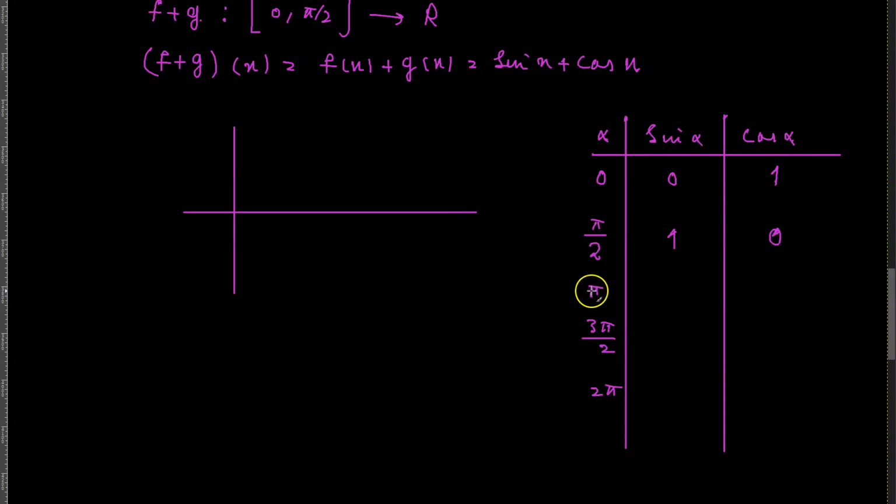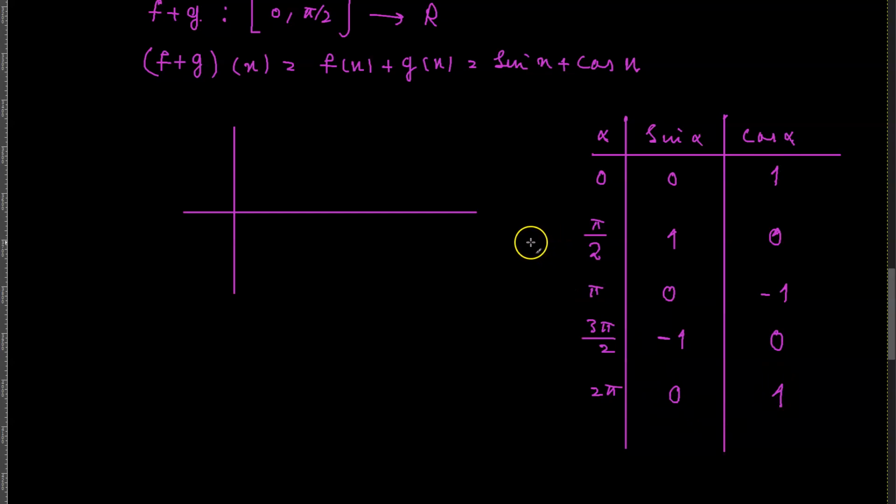Sine pi is equal to 0, cos pi is equal to negative 1. Sine 3 pi by 2 is equal to negative 1, cos 3 pi by 2 is equal to 0. And sine 2 pi is equal to sine 0, which is 0, and cos of 2 pi is equal to cos of 0, which is 1.